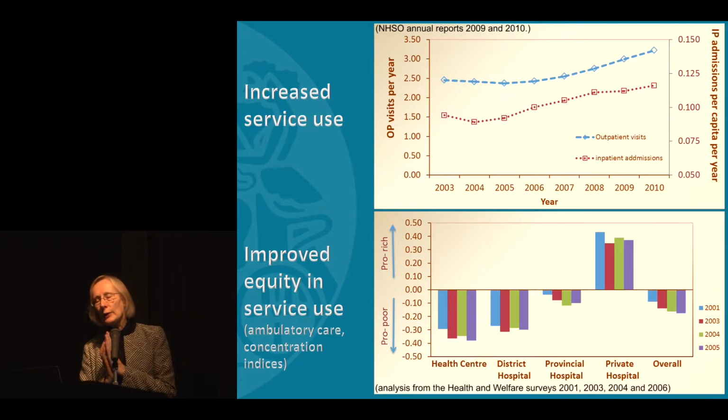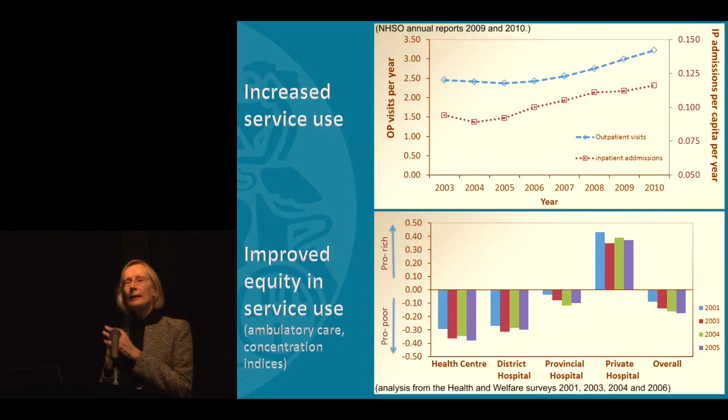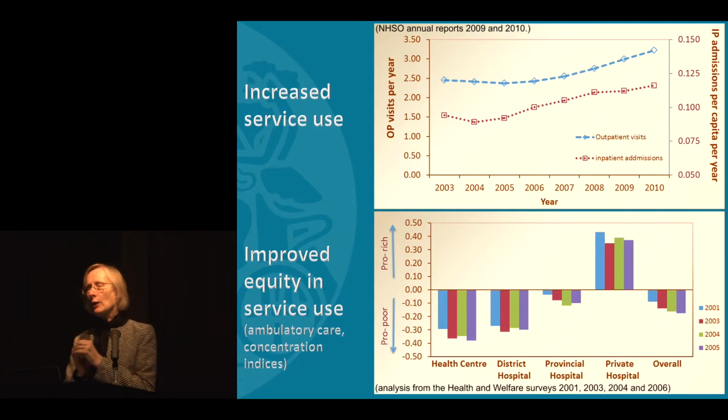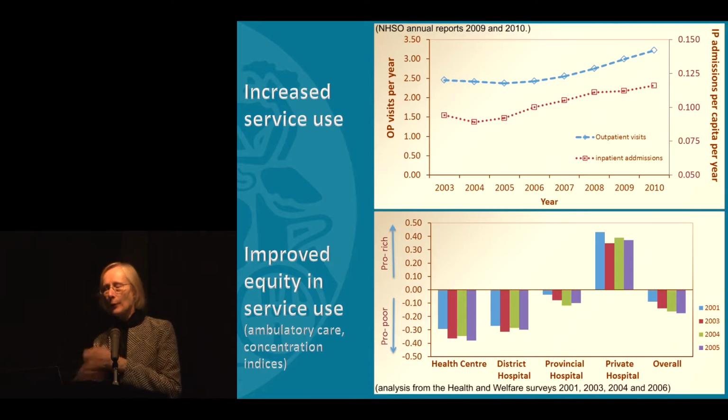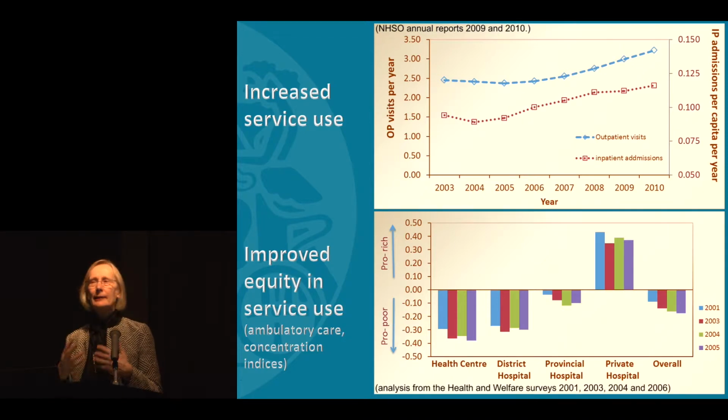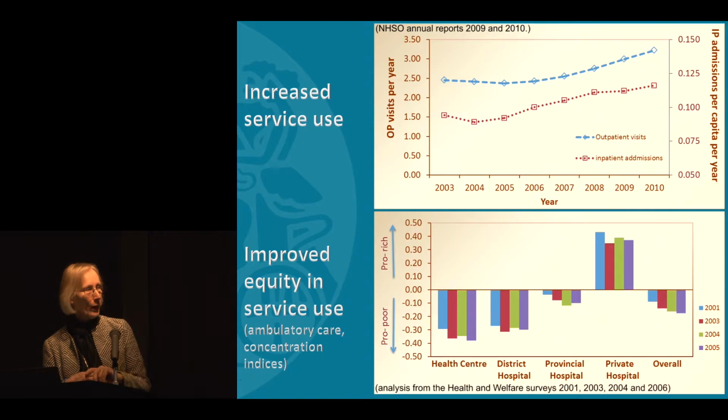What Thailand has also seen is an improved equity in service use. Economists have tools of financing incidence and benefit incidence to assess to what extent the financing of a health system or the benefits of a health system are pro-poor or pro-rich. Thailand has done several of these incidence analyses, and this is one of them.